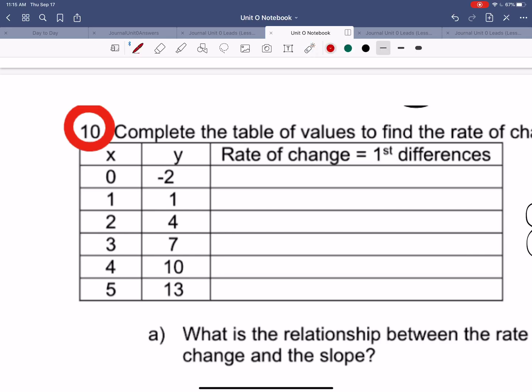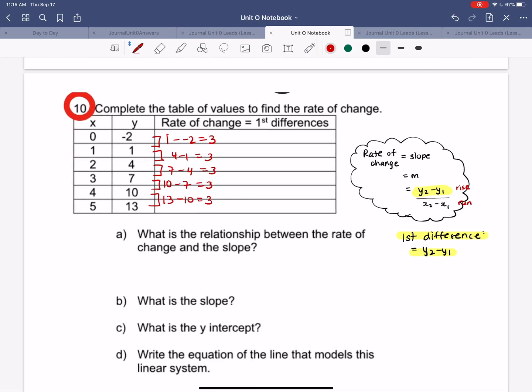So what I'm going to do is 13 minus 10, which is equal to 3. 10 minus 7 is equal to 3. 7 minus 4 is equal to 3. 4 minus 1 is equal to 3. 1 minus minus 2 is equal to 3. So what's going on is that as the x values are going up, you have some consistent patterns.